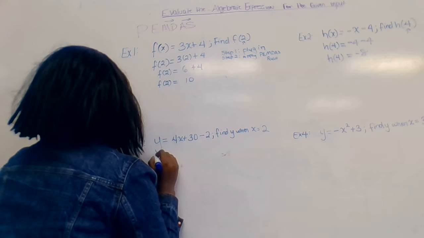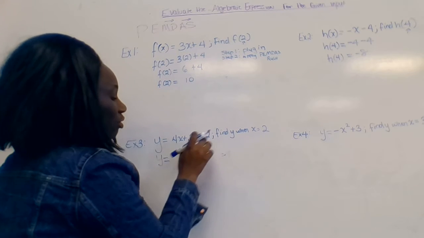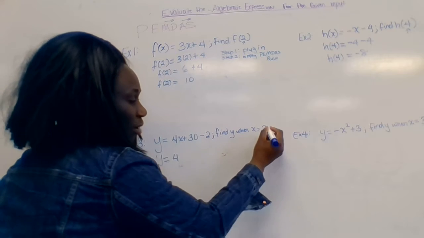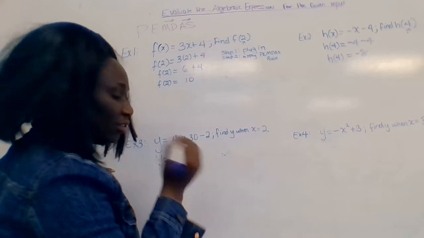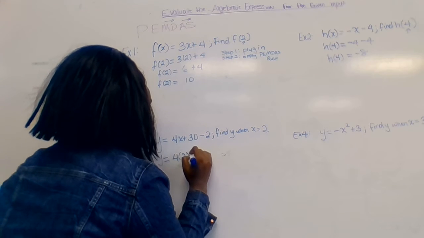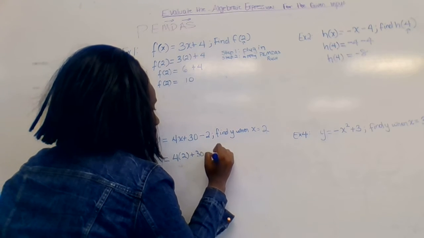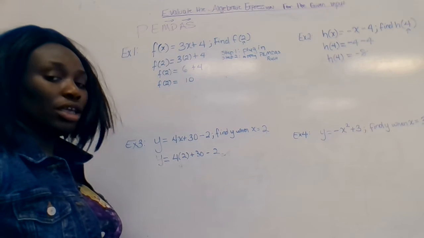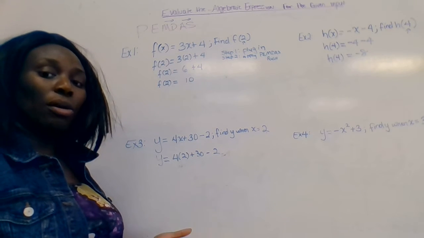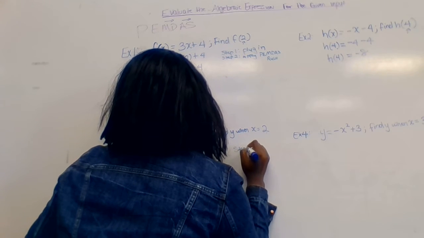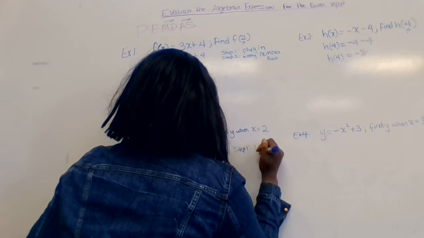So I'm going to rewrite this, y equal to, you rewrite your problem, but everywhere I see x, now I'm going to put 2 in parentheses. So I'm going to say 4, parentheses, 2, plus 30 minus 2. Once you plug in with the parentheses, all you have to do is apply your order of operations. Step 1 is done. Plug in.